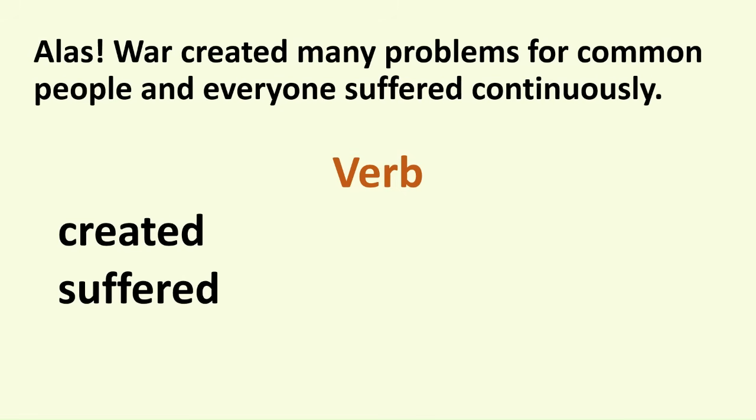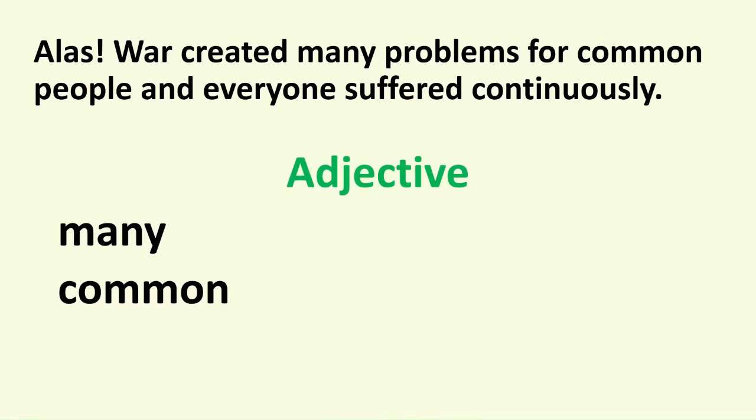And then everyone, pronoun, requires a verb because these are all subjects of the sentence. Therefore, they require verbs. Object does not require a verb. It's only the subject which requires a verb. Suffered is the verb. So created and suffered, 2 verbs.